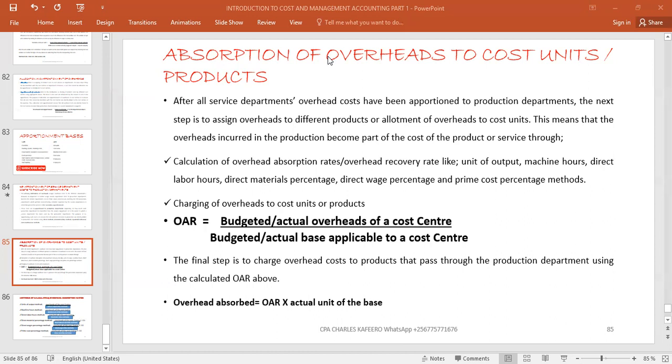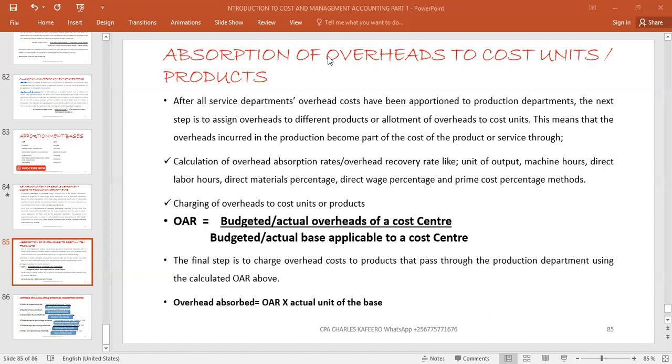Remember, in the absorption, we are only dealing with the production department. We left that part of the service department. So we are looking at the production costs and how they are contributed within the output.